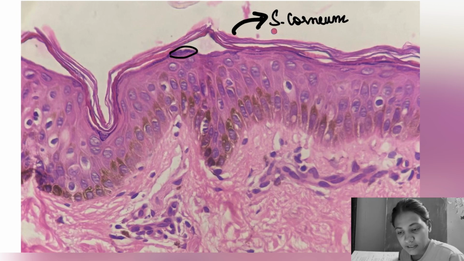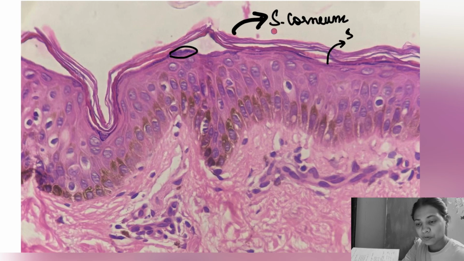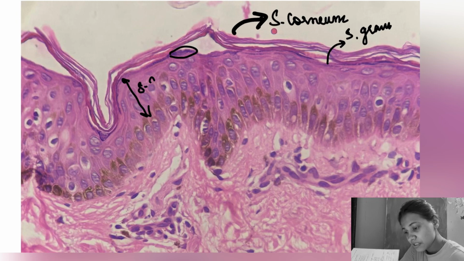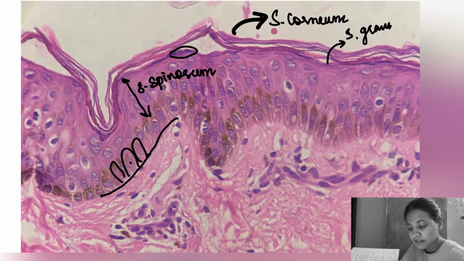This layer is the stratum granulosum. This entire layer is the stratum spinosum, and you can see there is a basal layer of cells. This is the stratum basale.